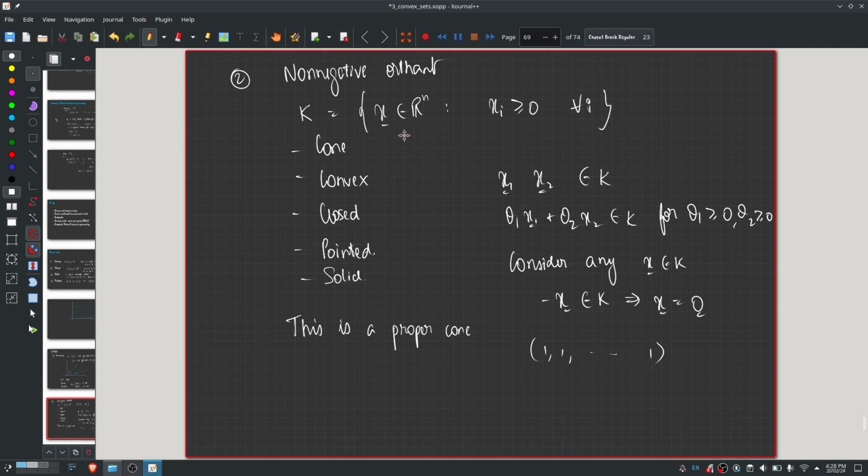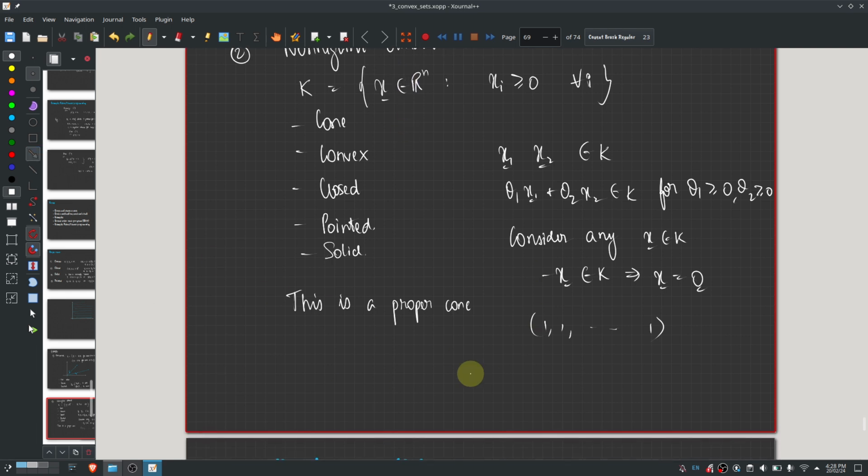So, geometrically, if I consider R2, I'm considering the point 1, 1. If I draw a ball of radius half, then it would look something like this. And this is completely contained inside the cone. The cone includes the entire first quadrant.